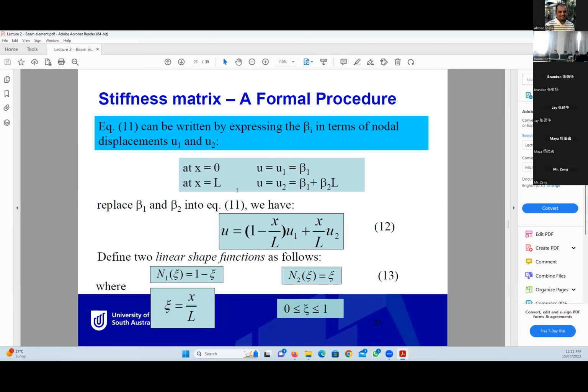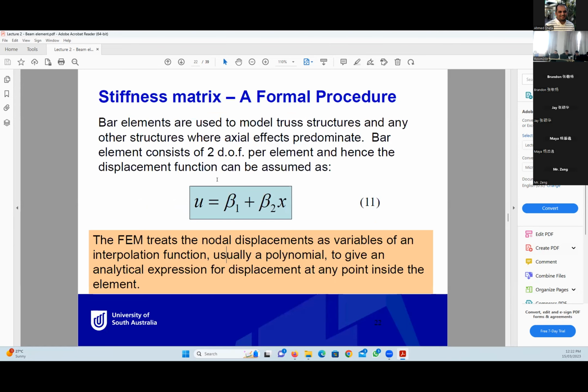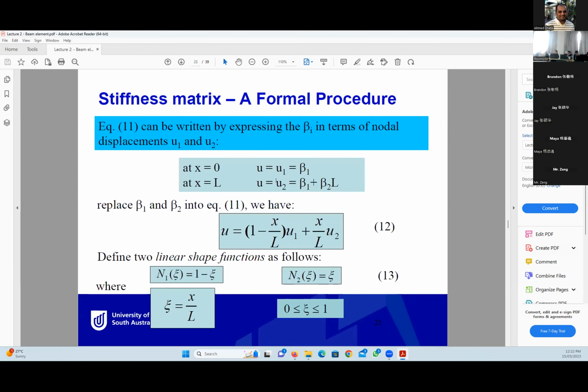At x equal to L, u is equal to u2, which will be beta 1 plus beta 2 times L. These values come from just here. If we substitute x equal to 0, this term will be omitted. If we substitute at L, x will be L, so it will be beta 2 times L. So that's where we get these two values.